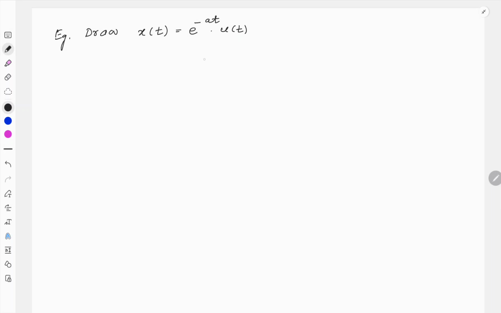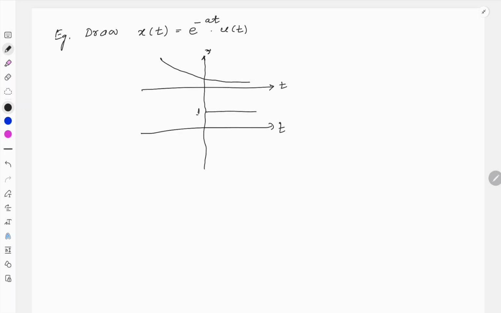So if we draw the signals, as we know, e raised to minus at is a decaying exponential. So we'll have this signal in this way. And second, we have unit step signal, which is one only in the positive axis.